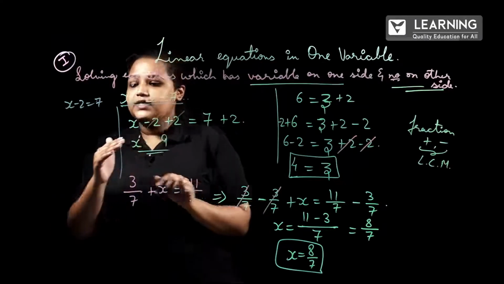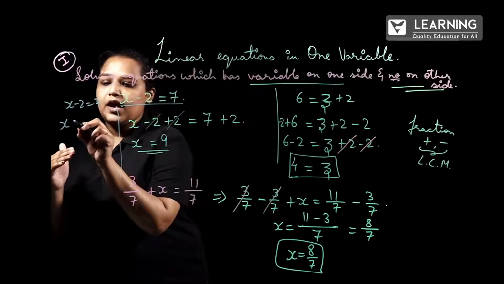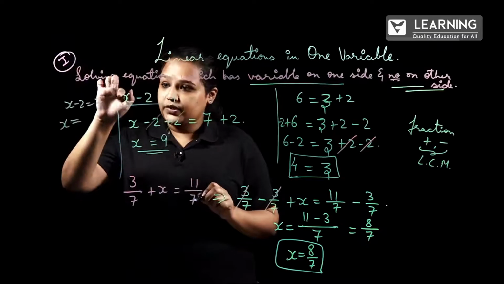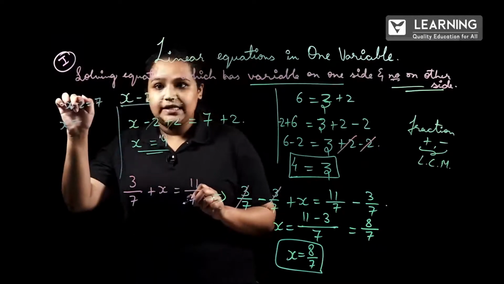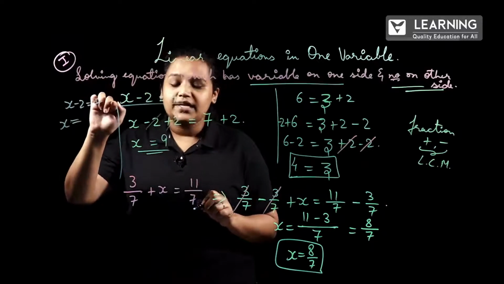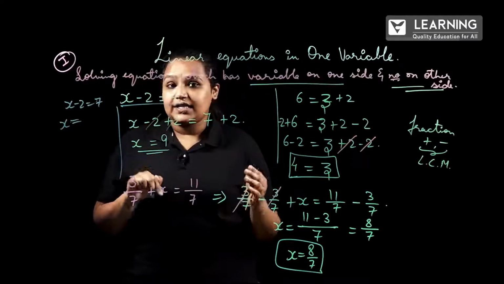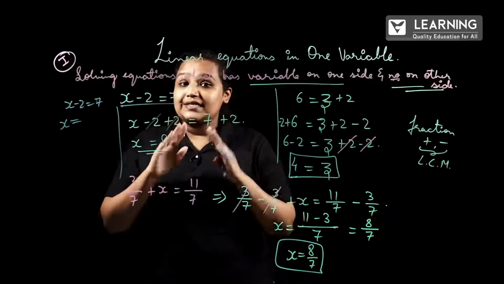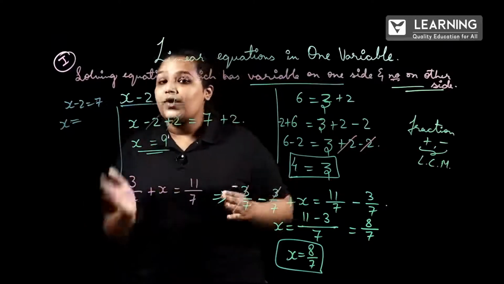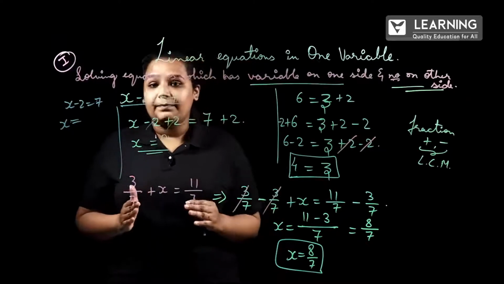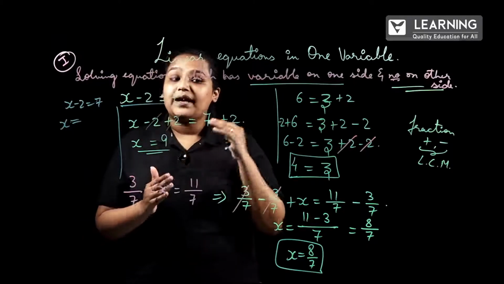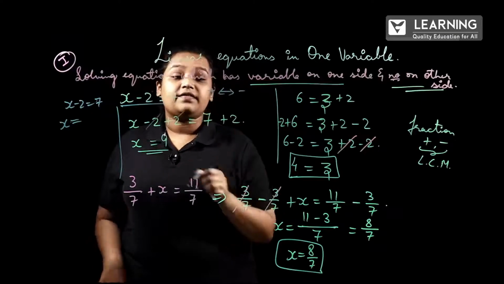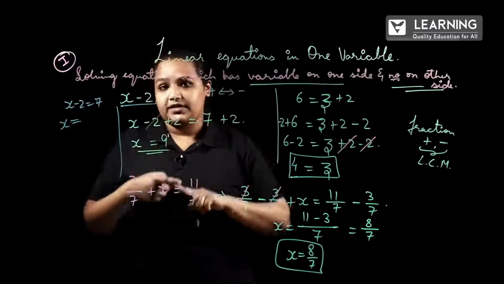So x is equal to, minus 2 will be shifted to the other side. If it is on the LHS, it will be shifted to the RHS. If it is on the RHS, it will be shifted to the LHS. When numbers with signs shift from one side to the other, positive will become negative and negative will become positive.